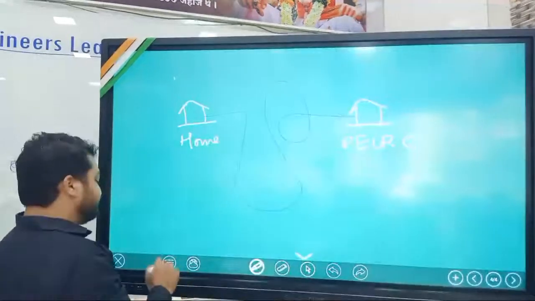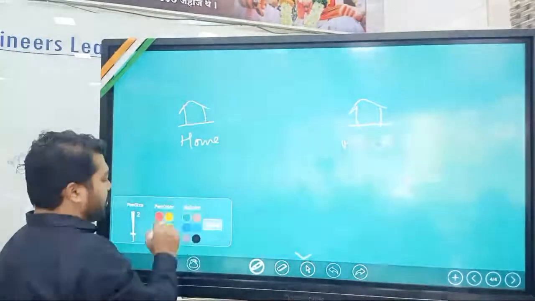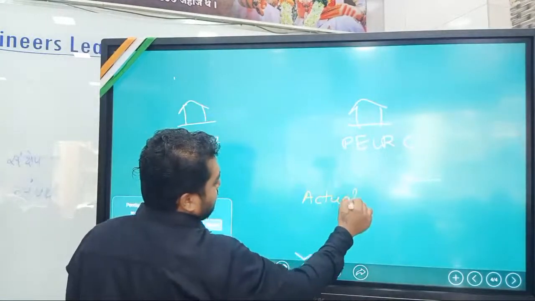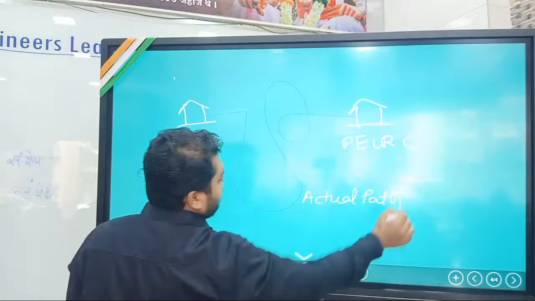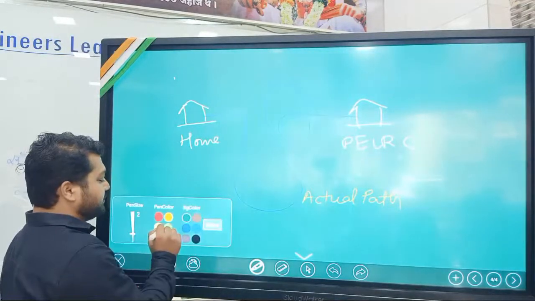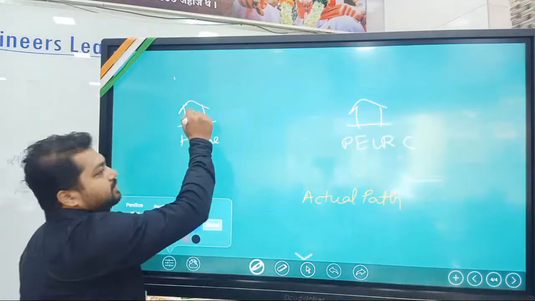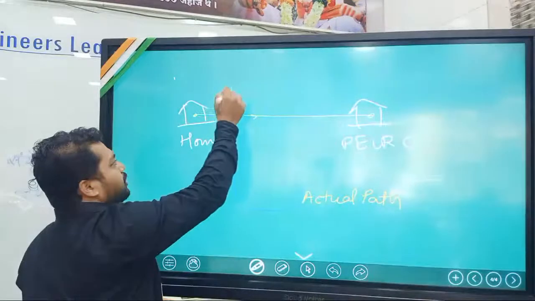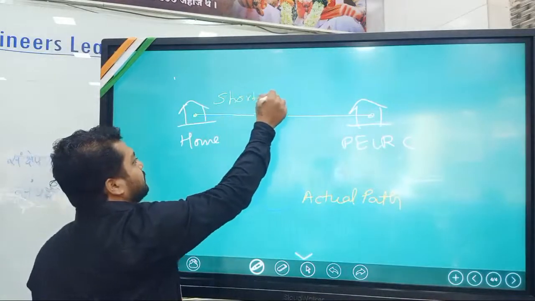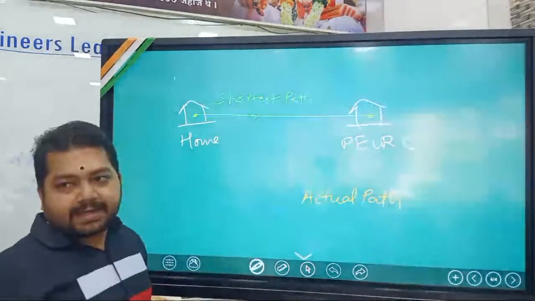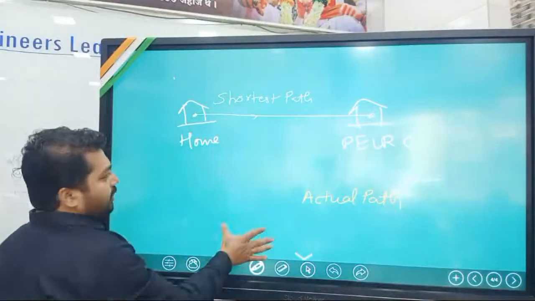So whatever path is drawn is nothing but the actual path. And the path which is shortest, this is the shortest path, right?